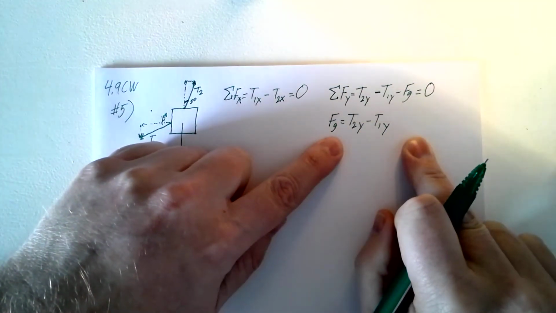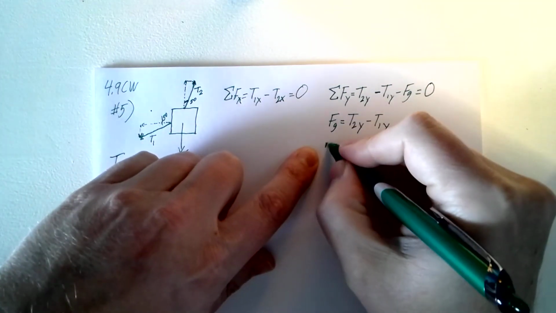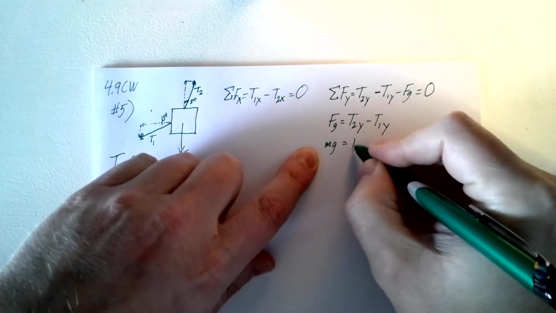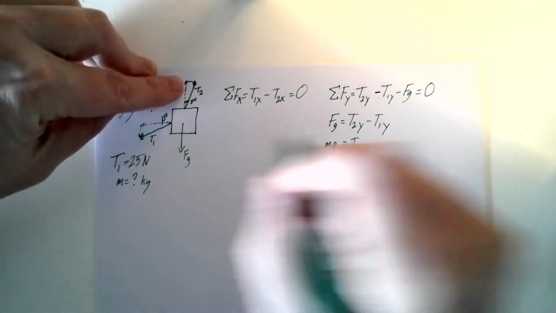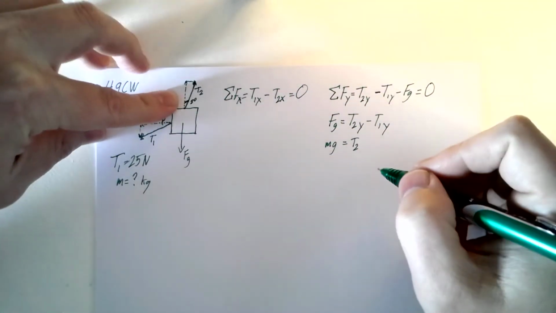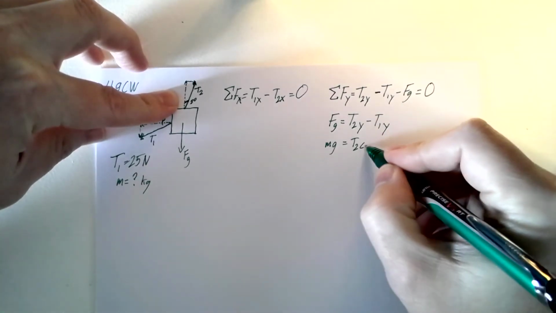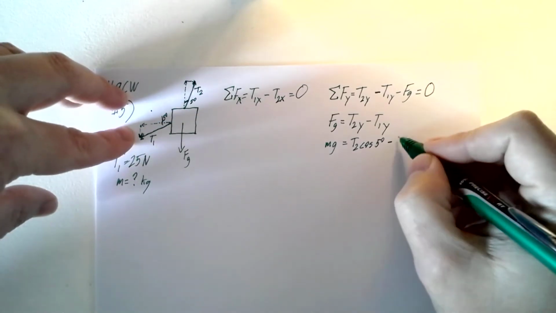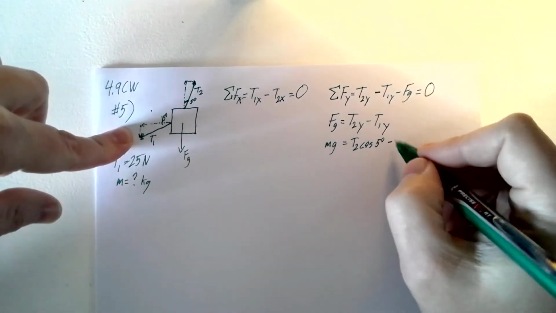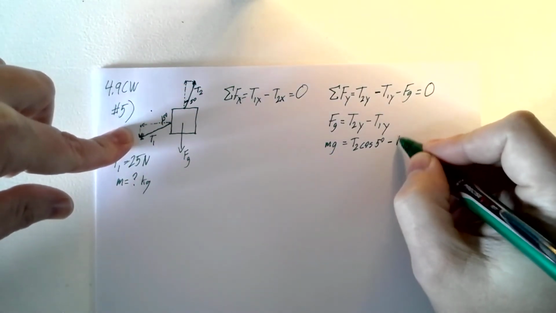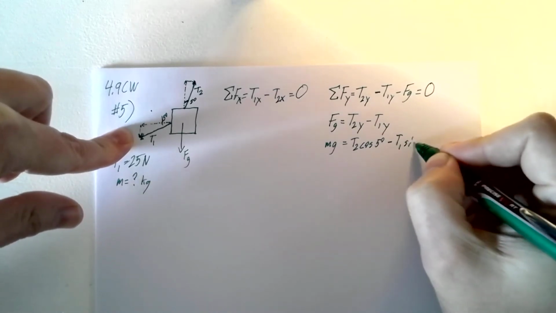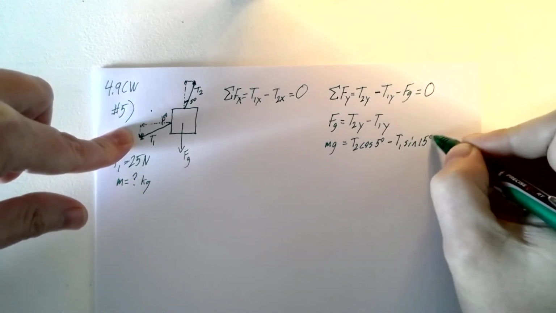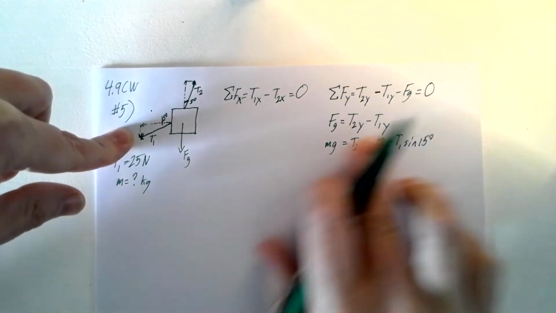Alright, definitions here. Mg equals T2, for y it's cosine of 5 degrees, minus T1, and that will be sine, it's the opposite side, 15 degrees. And there we go.